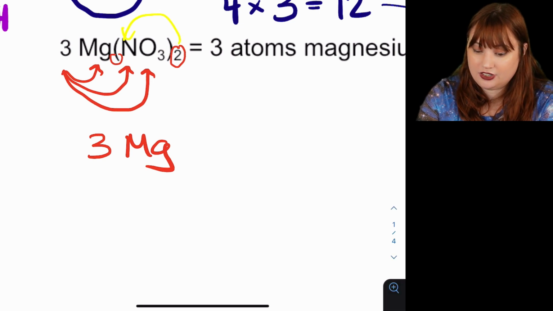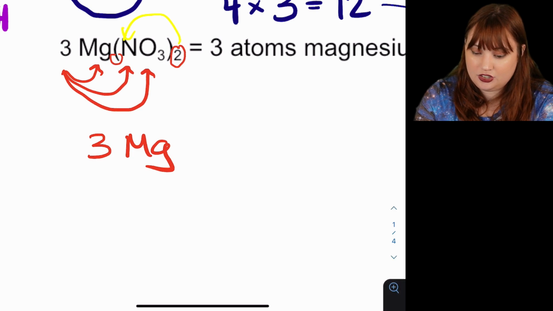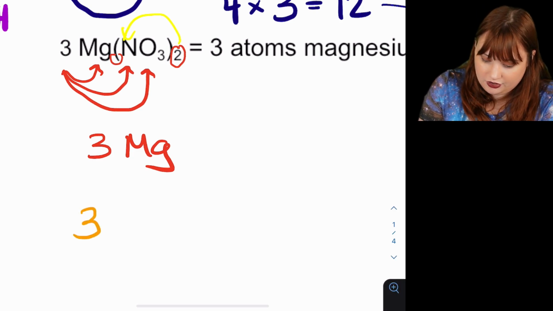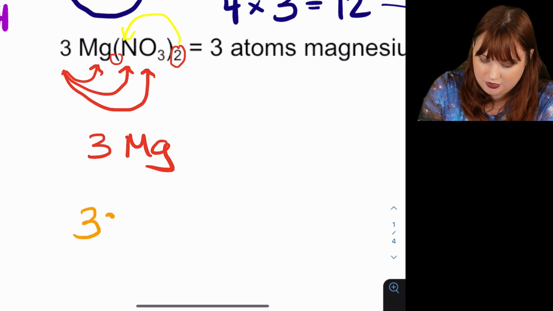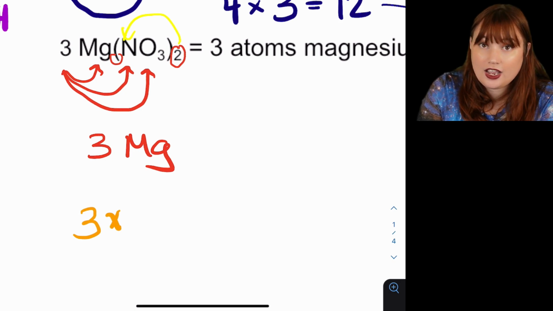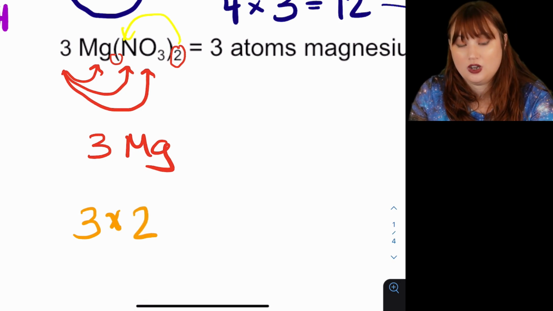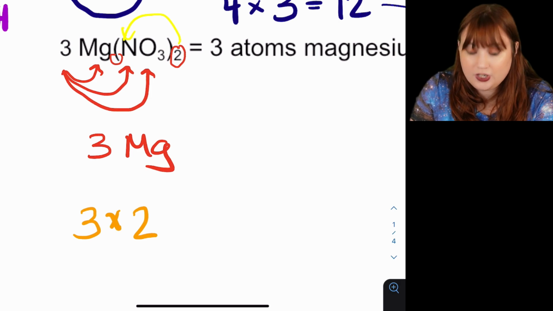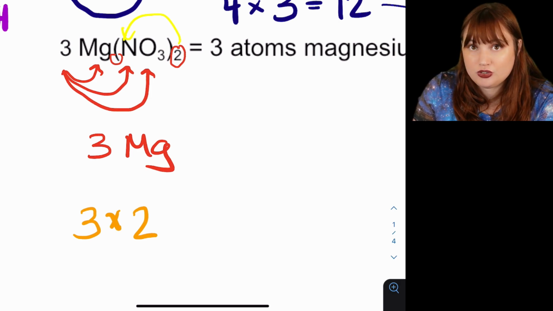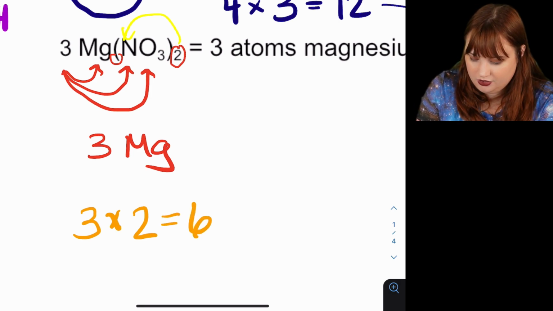So we have to consider that. We have to take that into account. So we have 3 from the coefficient and 2 from the subscript. 3 times 2 is 6. I should have 6 nitrogen.